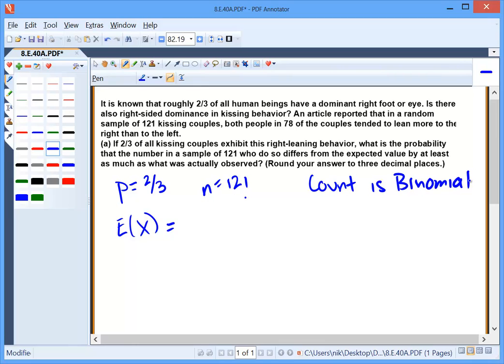Okay, we know in advance we're looking at 121 couples, and each couple can either lean to the right or not. So it is a binomial, and so the expected value for a binomial is n times p, so 2/3 times 121. So 80.666.